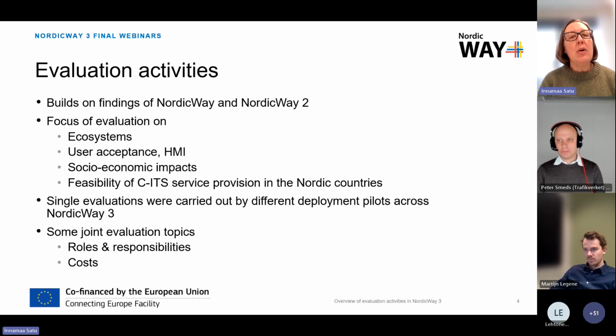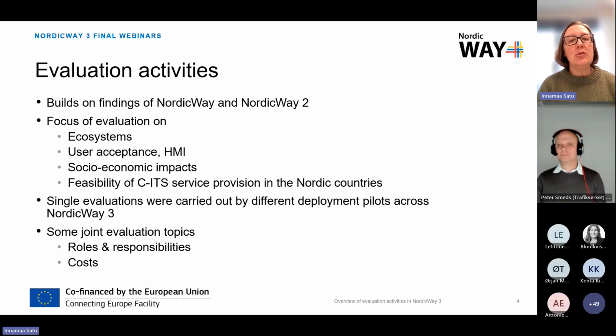Now in NordicWay 3, our evaluation focuses on ecosystems, which remain to be one of those big open topics after NordicWay 2. It was challenging to find ecosystems that would be able to provide these services. Other focus points are the user acceptance and HMI. We have topics related to socioeconomic impacts, and also the feasibility of C-ITS service provision in the Nordic countries.